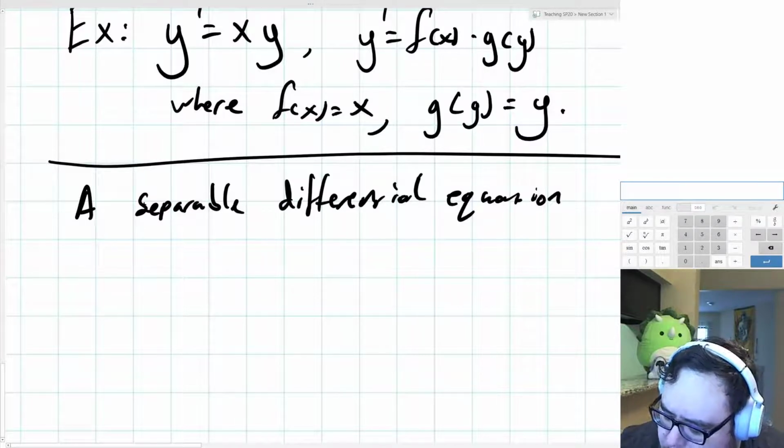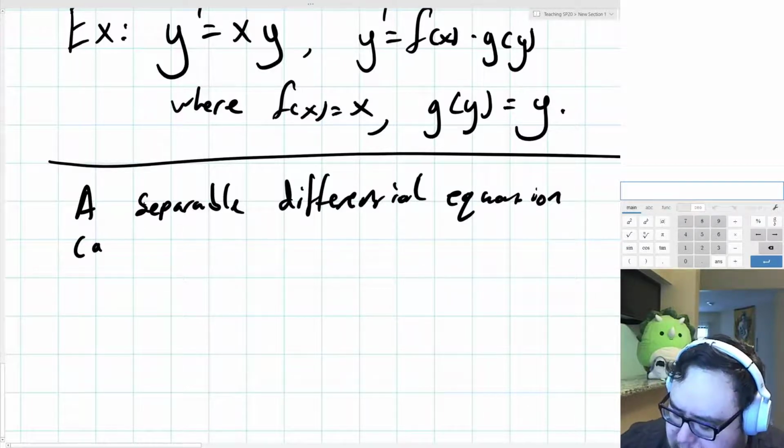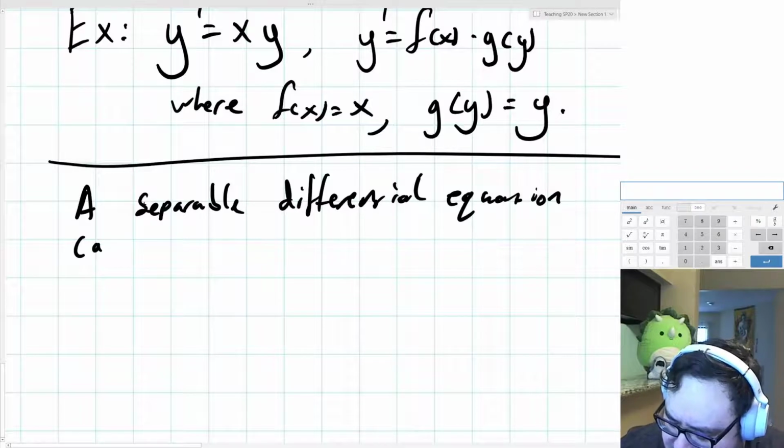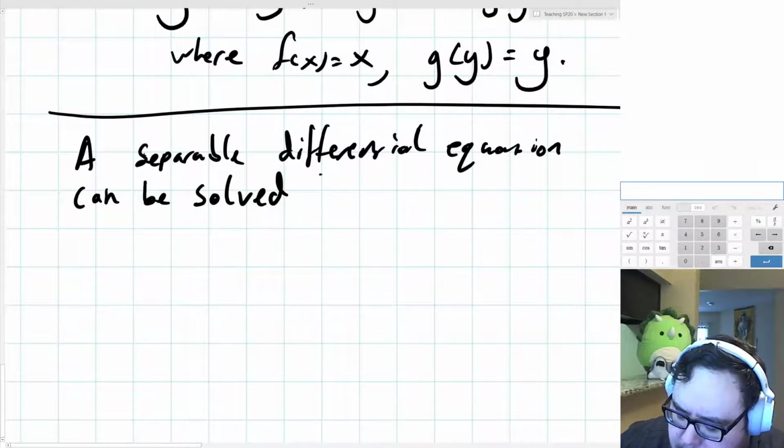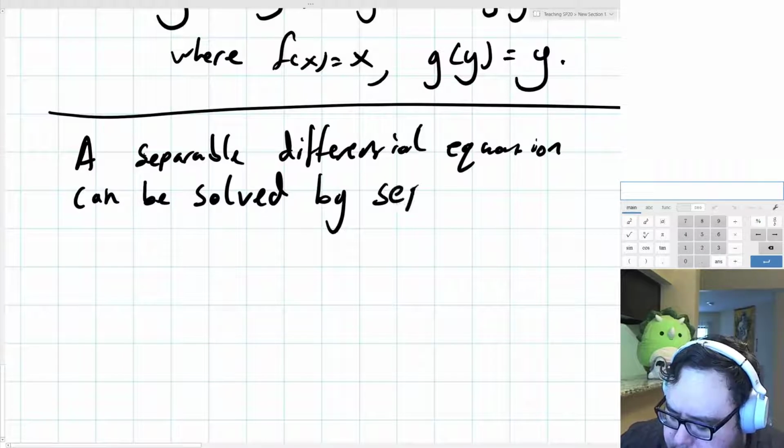That is g of y. The bad handwriting strikes again. So a separable differential equation can be solved by separation, so separating, then integrating.